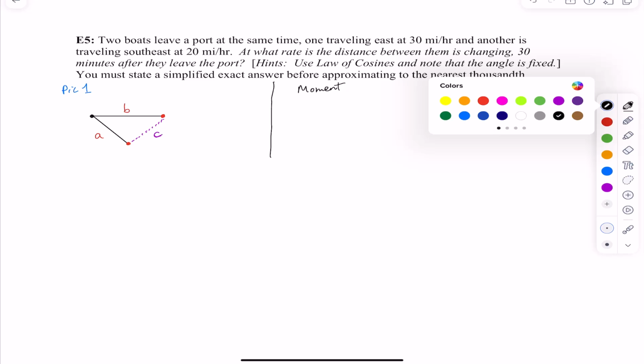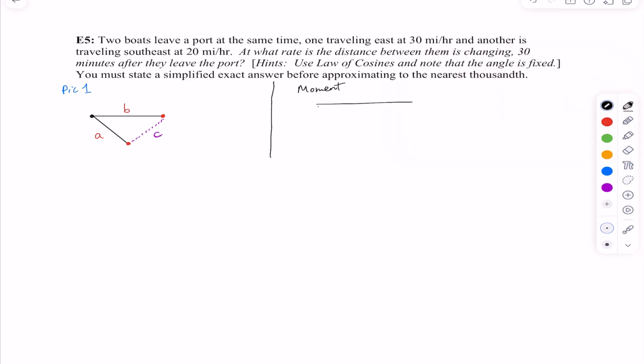It's just that it's going to look bigger, because when we take a picture later on, the boats are now farther apart. How much farther apart? We don't know. But we're trying to figure out how this distance is changing as the boats get further and further apart.